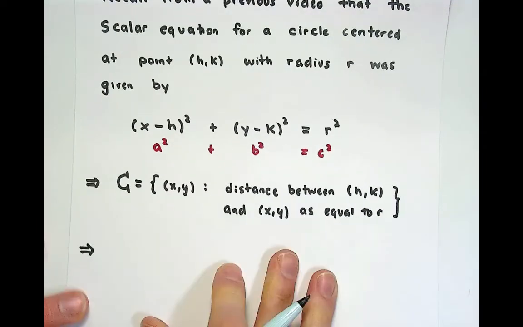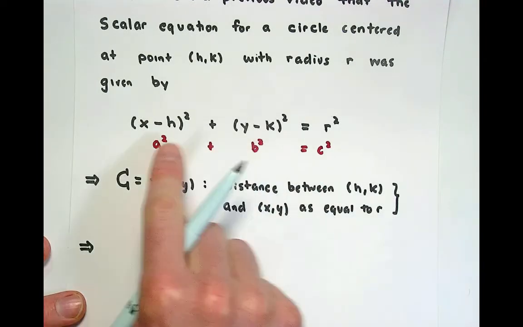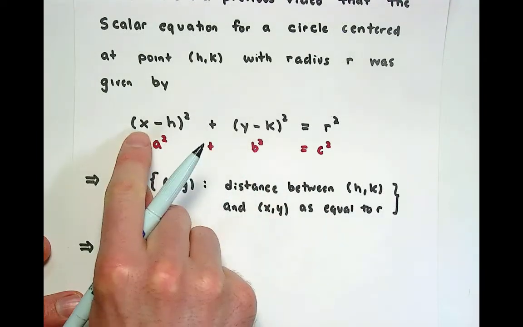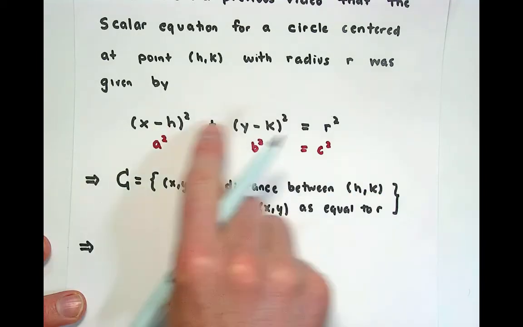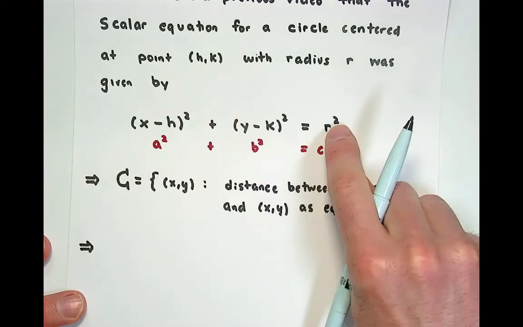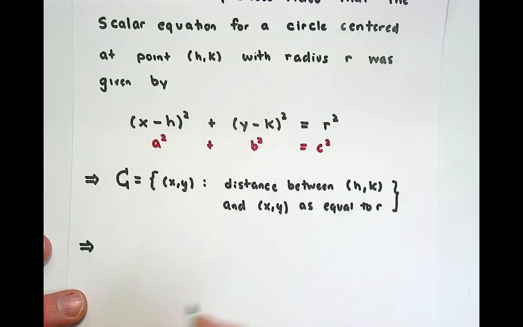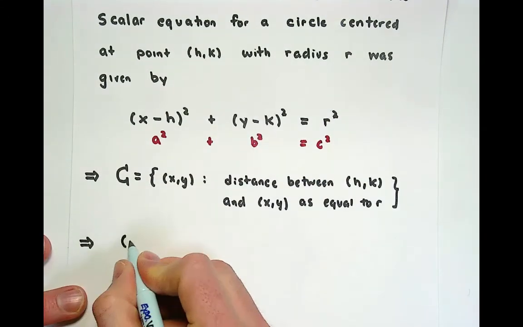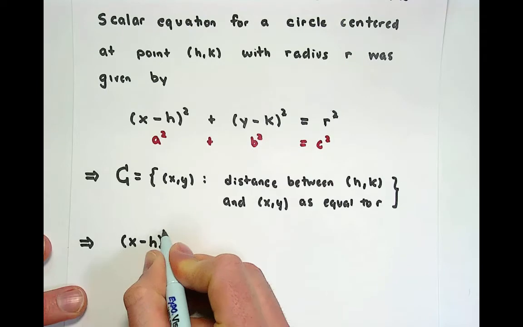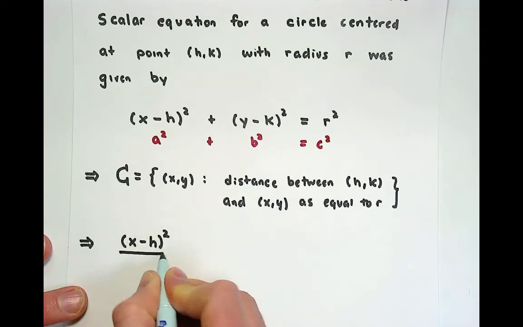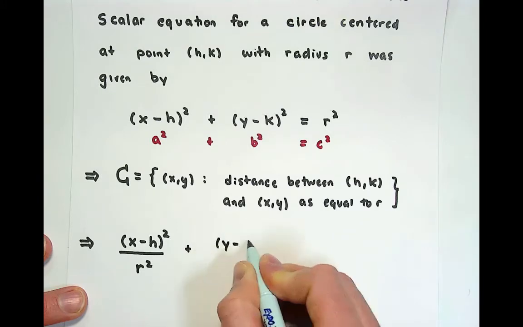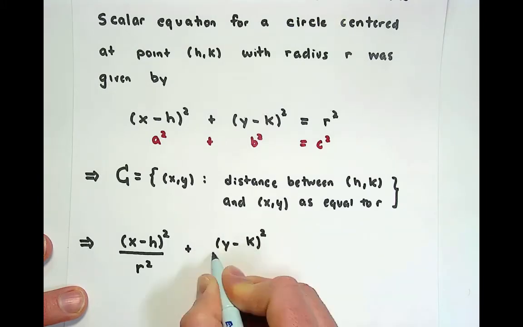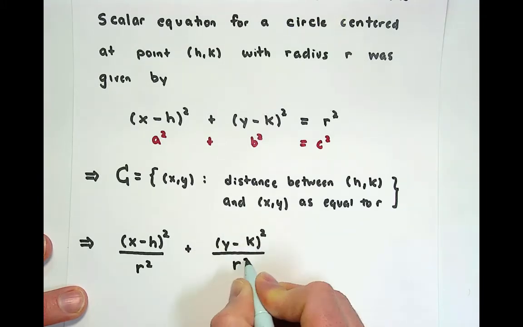We simplified that distance by recognizing that to take the distance between these 2 points, we subtract and then square, and then we take the 2 norm of the distance squared, and that's r squared. As we talked about previously, we could also write this scalar equation where the right-hand side is 1. We did not really speak in detail about why we would want to do this.